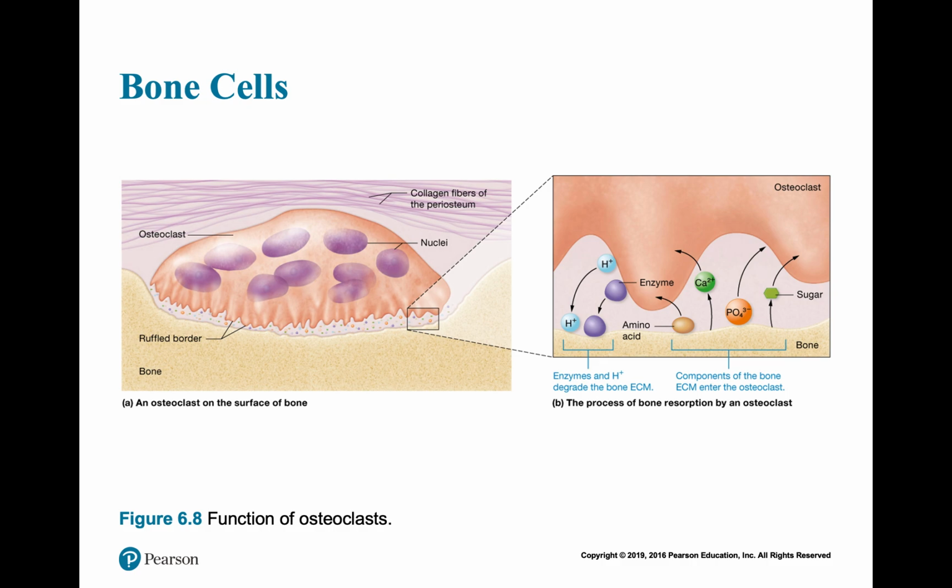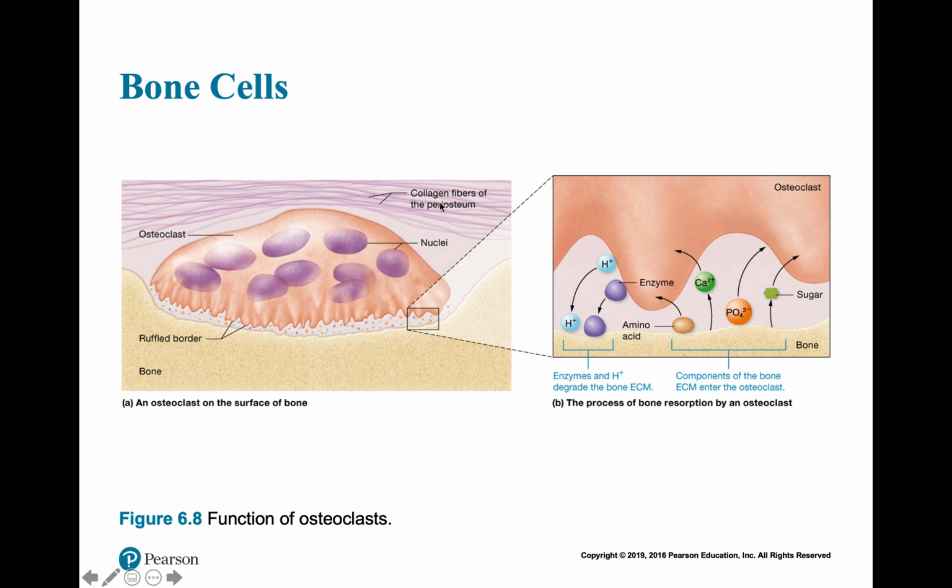So I'm going to show you this picture to talk about them. These are huge cells. They're really large. If you look at them on a microscope slide, they're huge. They're multinucleated. So if you look here, there are multiple nuclei in these super large cells. That's how they become so large: they form by a fusion of multiple cells together. Now, up here, these are the collagen fibers of the periosteum.